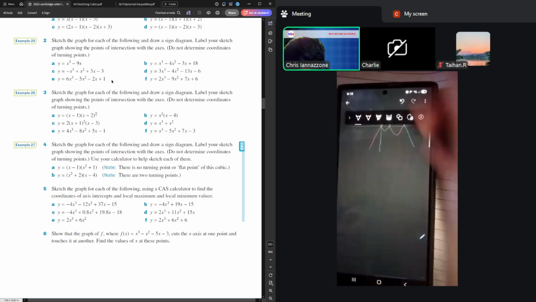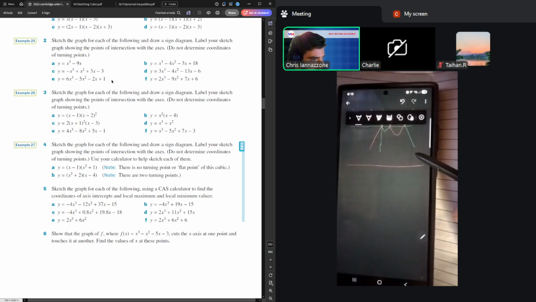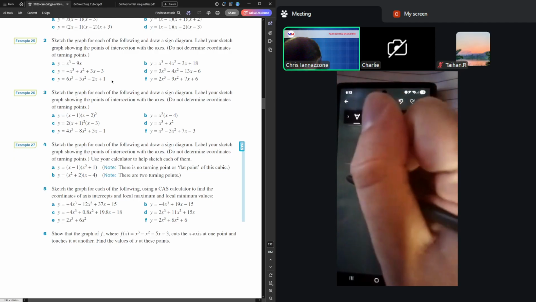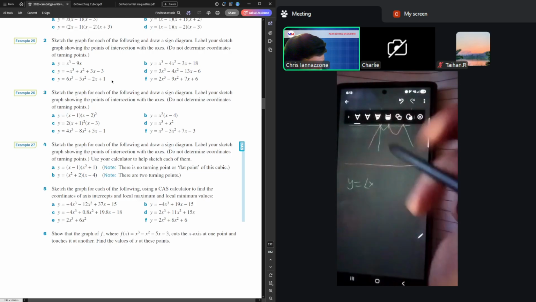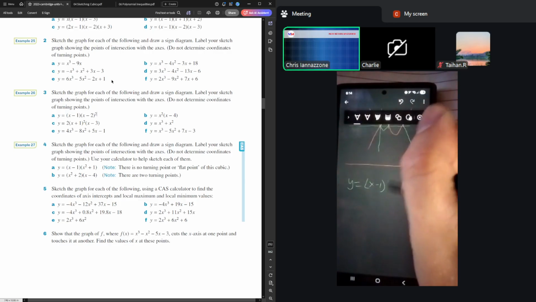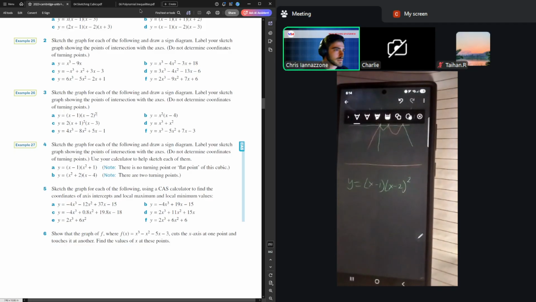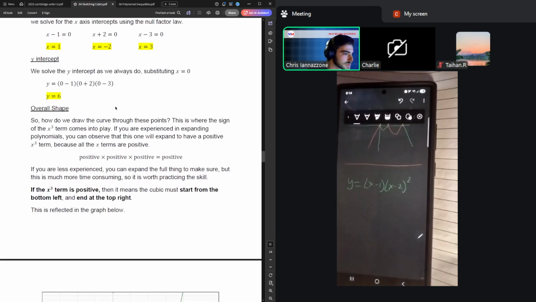So I'll get up another example. This one's going to have a different shape to it. Okay, that'll be 3a. Y equals (x minus 1)(x minus 2) all squared. I'll keep the relevant thing up as well.